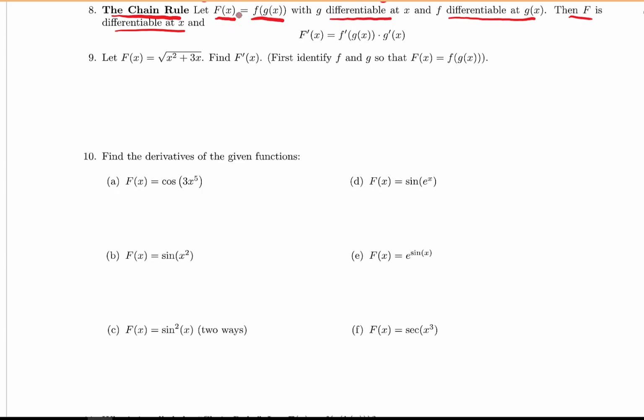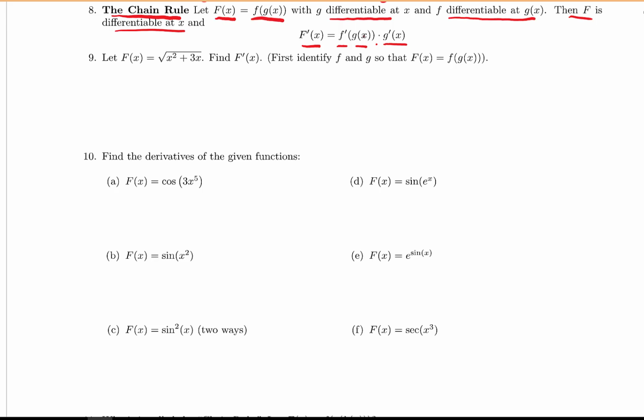This new function created from composing f and g is differentiable, and its derivative is given by this expression here. Its derivative is, and here's how I'll say it, the derivative of the outside function, the outside function was f of x, evaluated still at the inside function, and then we multiply that by the derivative of that innermost function.